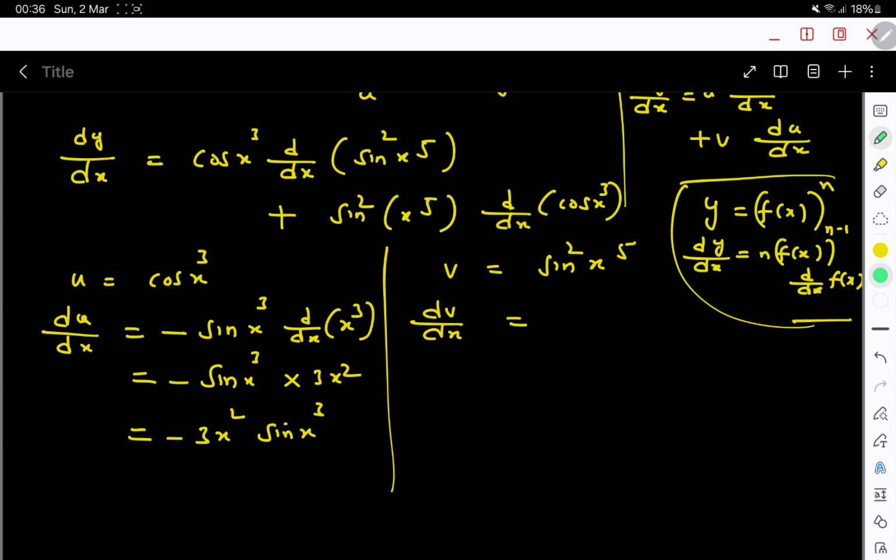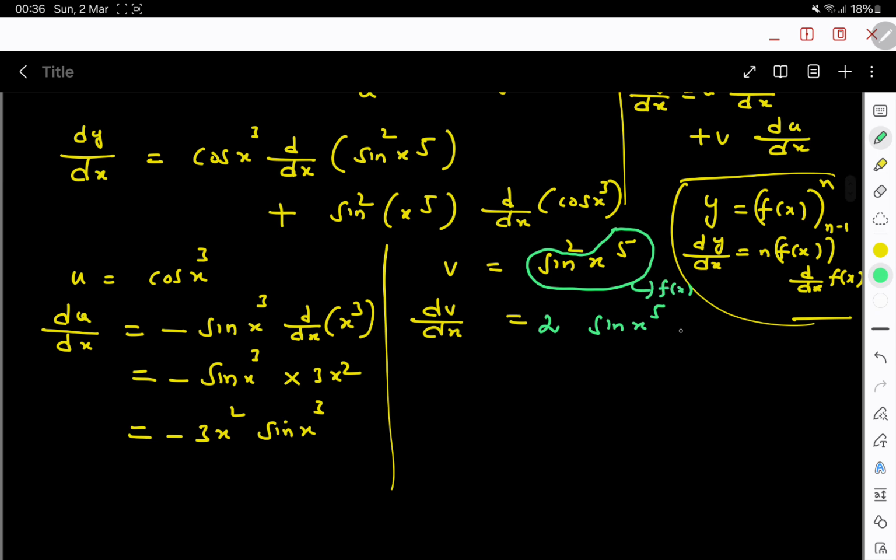Okay, now this is f of x, n value 2. Okay, so write 2 first, sin power 2 minus 1 is 1, x power 5, and then differentiating f of x. Now this is f of x, so d by dx of sin x power 5.